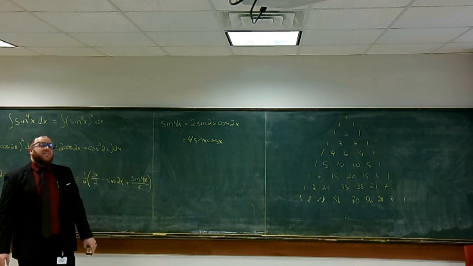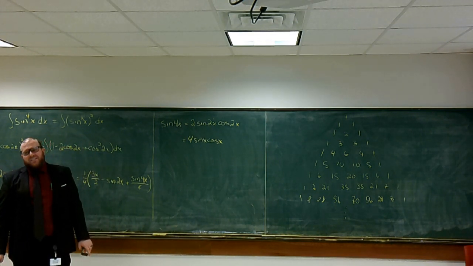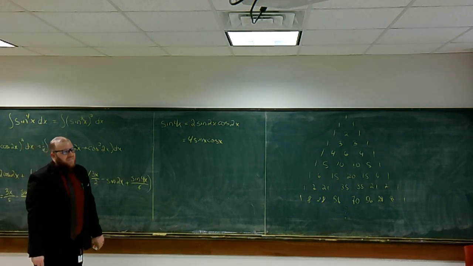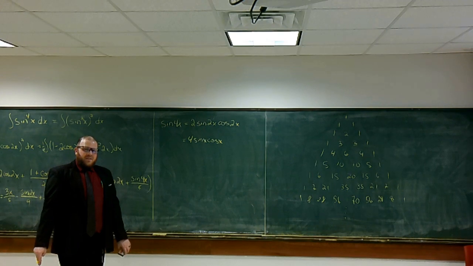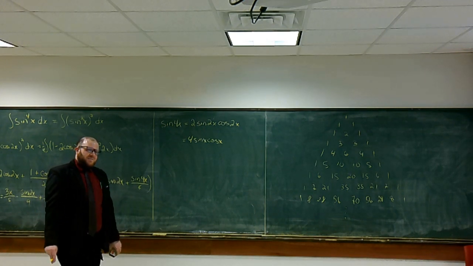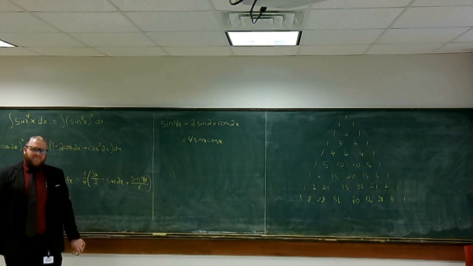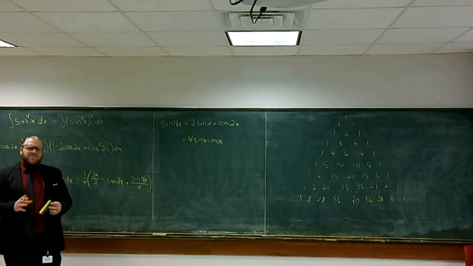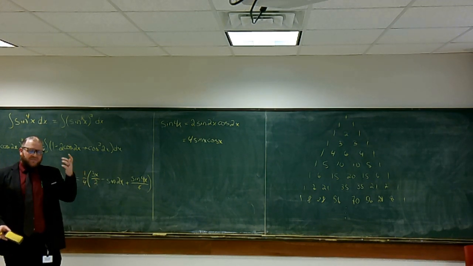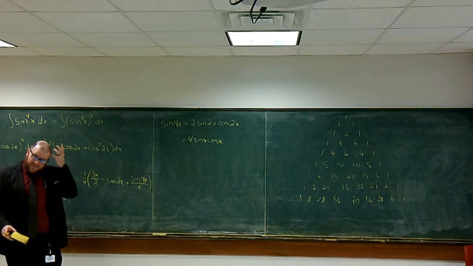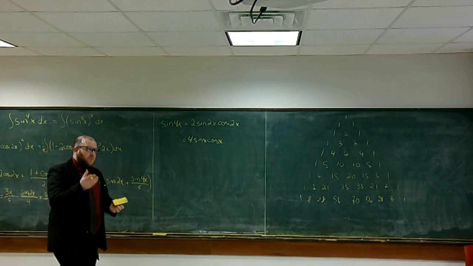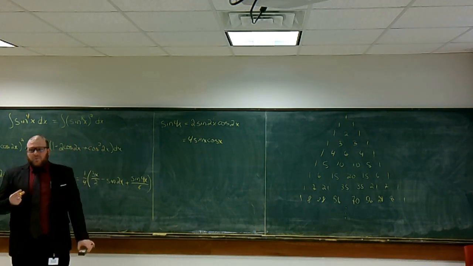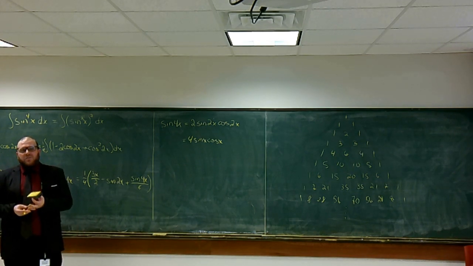What's the double angle identity for cosine? Sine squared minus sine squared, that's 0. 1 minus 2 sine squared, that's one of them. So 1 minus 2 sine squared would work.